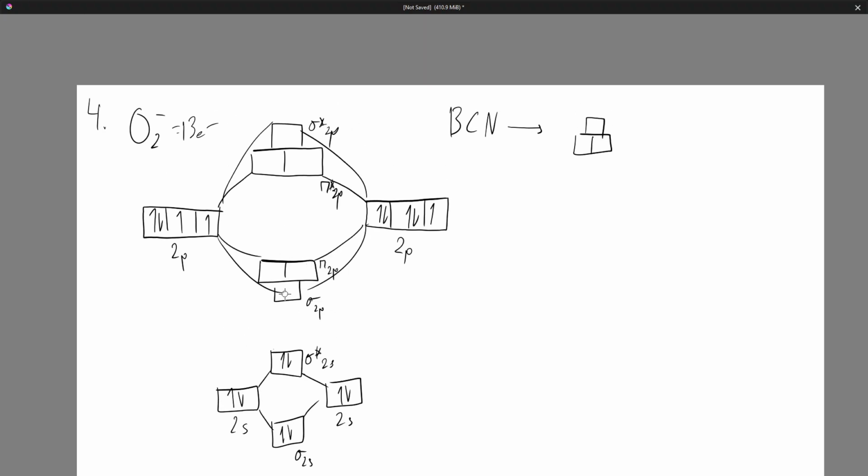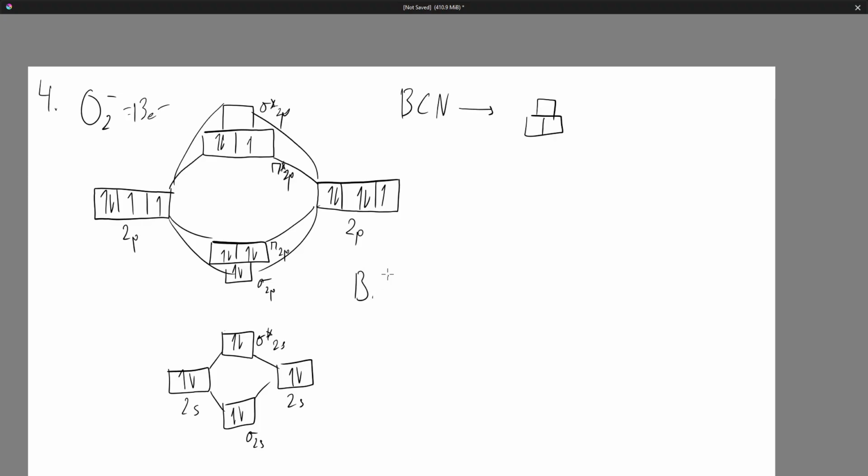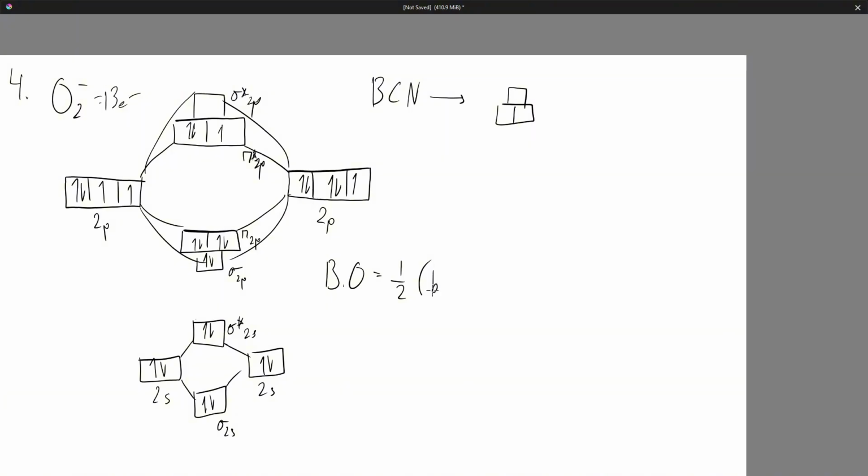We do the same here. We have 2, 4, 6, 8, 9, which means we have 3 left. So 3, 6, 9 electrons. Boom. That's it. Okay, so for bond order, it's 1/2 of the bonding electrons minus anti-bonding electrons.